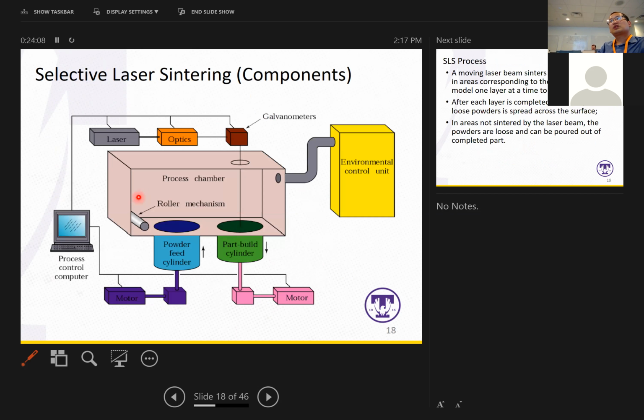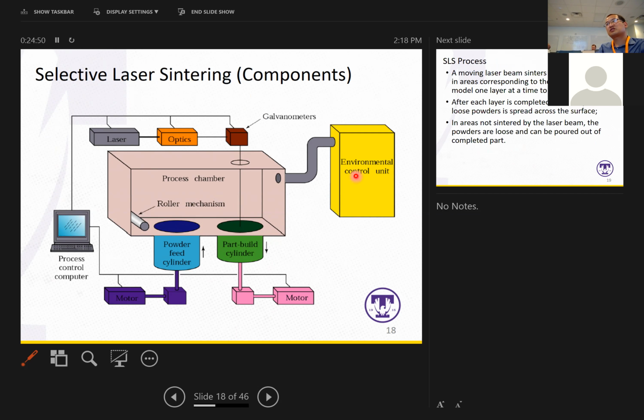So you can see the main components of a selective laser sintering system, right? You have a laser source and optical parts to guide the laser to a certain region. And you have a chamber to process this melting procedure. And this roller mechanism will realize the new spreading of a layer.